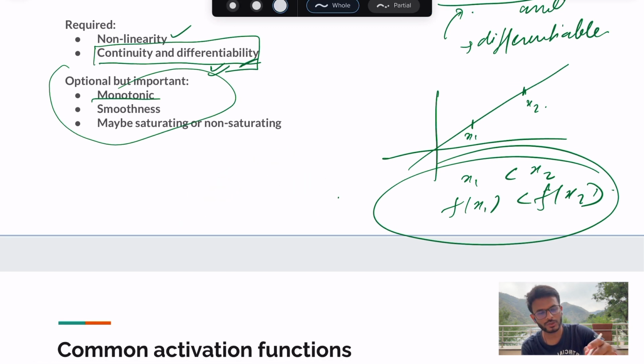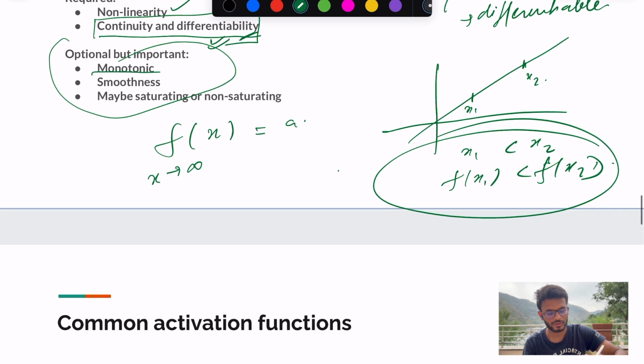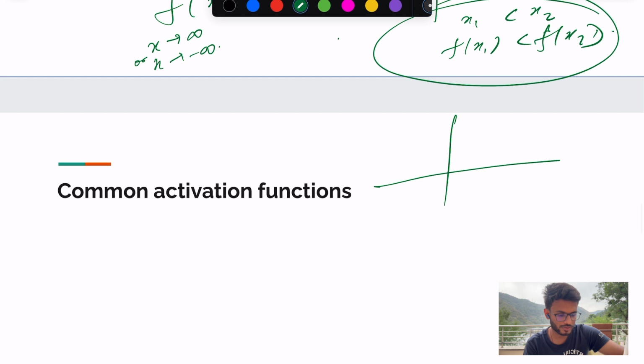Saturating and non-saturating. Saturating means reaching a point. If there's a function f of x, and I take x to infinity, it reaches a certain value a. So this is your saturating function. The same goes for x going to minus infinity.